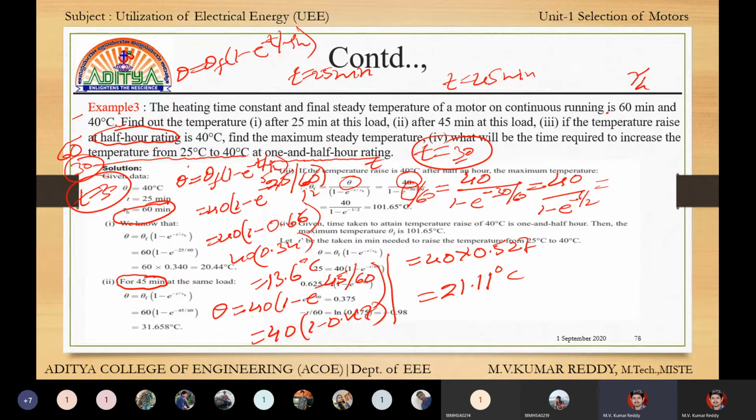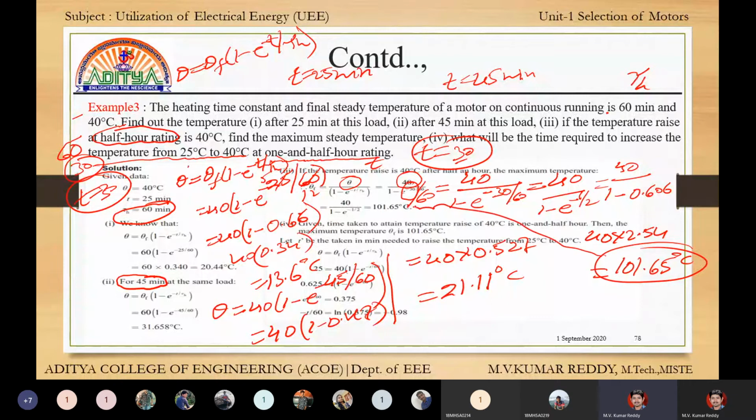E power minus 0.5 is 0.606. 1 minus that answer, inverse, total is 40 into 2.54, which is 101.65 degrees centigrade. This is the obtained value.